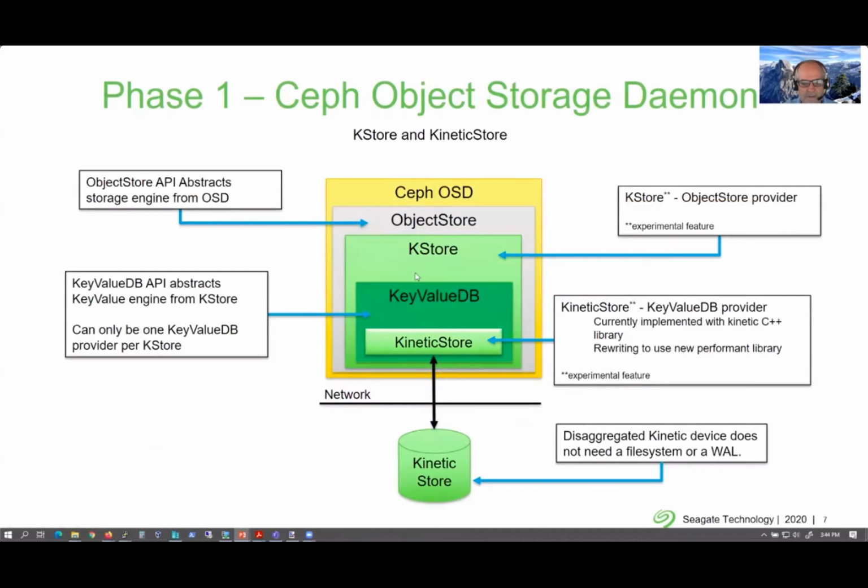Inside KStore, they implement another object class called KeyValueDB, which abstracts KStore away from individual key value database implementations. With this class, I can bring up a KStore on top of RocksDB, LevelDB, Memcache, or Kinetic. In this research, I'm focusing on utilizing the Kinetic store.